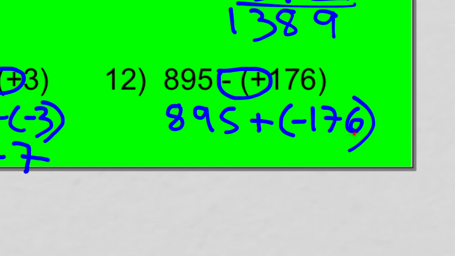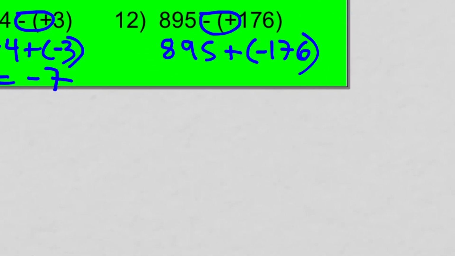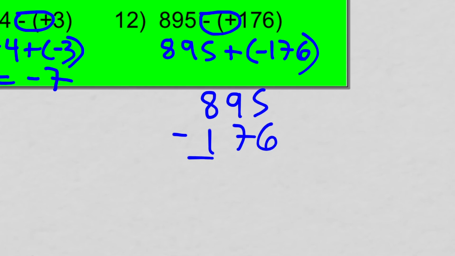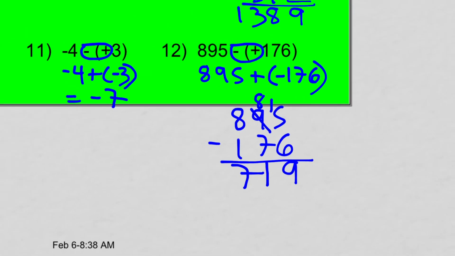Now the signs are different, so I subtract 895 minus 176, and I'll borrow from the 9, so I can do 15 minus 6 is 9, 8 minus 7 is 1, and 8 minus 1 is 7. Now, look right here. I have more positives than negatives, so the answer will be positive 719.